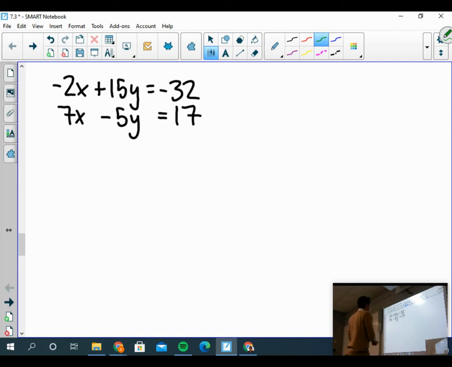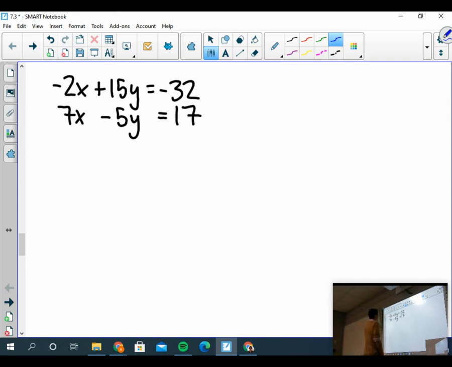So what we learned in the last example is we're going to have to multiply one of the equations to change how it looks, but not fundamentally change it, so that we can eliminate. Well, when I look at the x variables, there's no nice multiplication by an integer that will let me get rid of my x variables nice and neat. 2 and 7 don't really multiply well together.